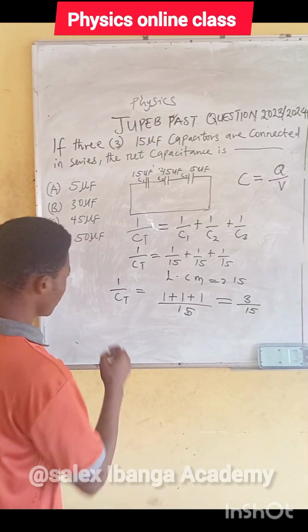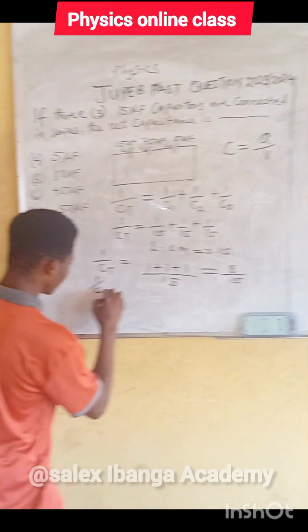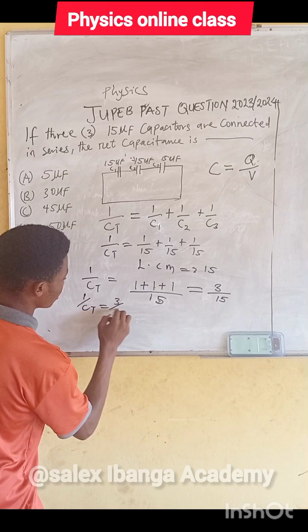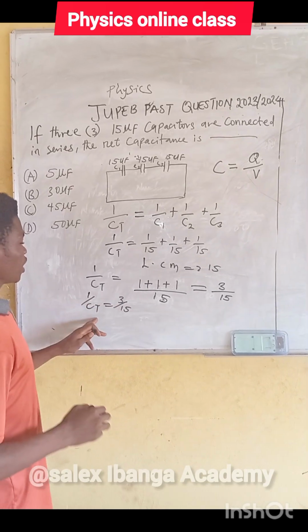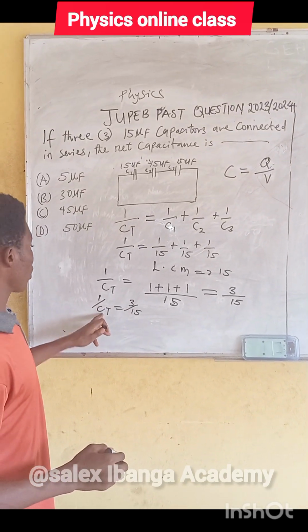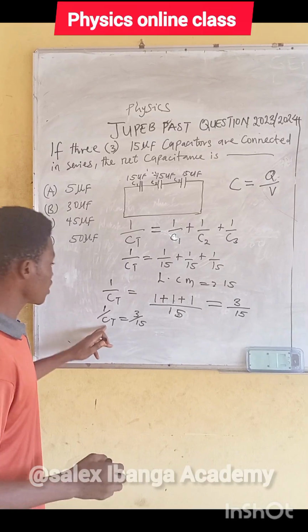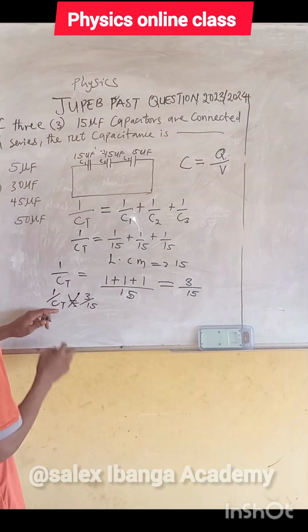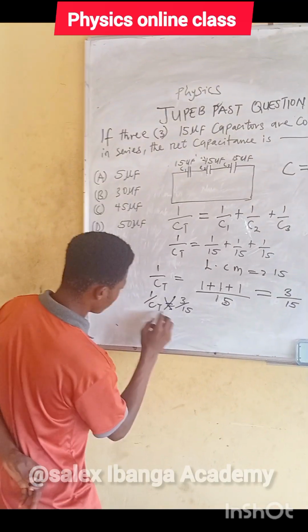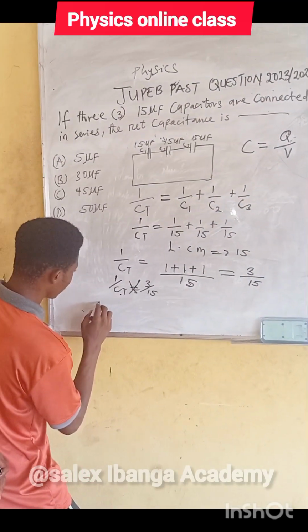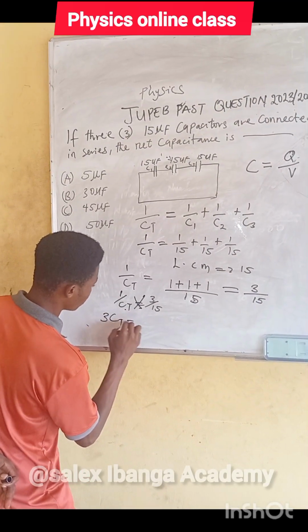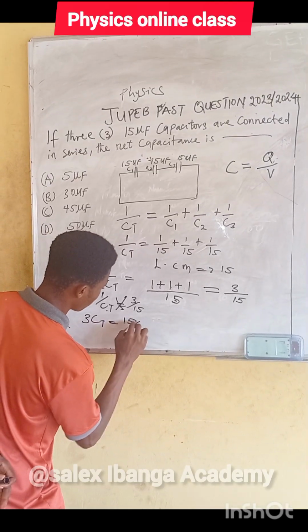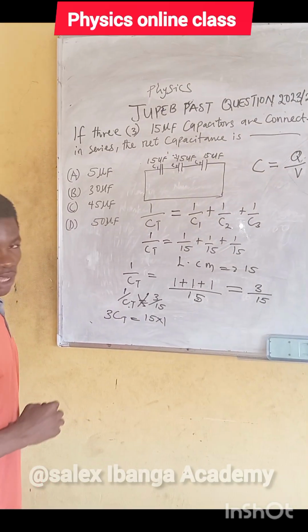We have that 1 all over CT equals 3 over 15. We are not looking for 1 over CT, we are looking for CT only. So I must make CT the subject of the formula. That means 3 CT equals 15 times 1. 15 times 1 is 15.